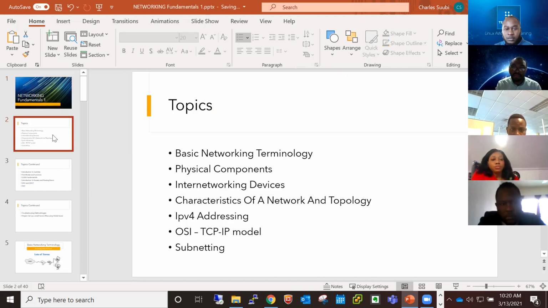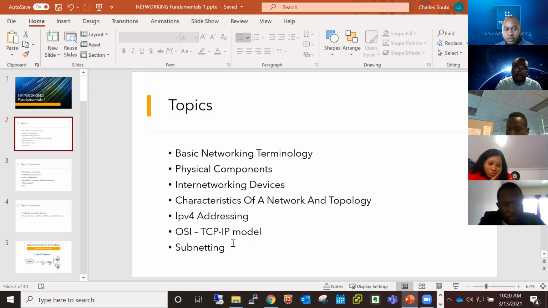So some of the basic terminology that we're going to be talking about are computer physical components, the devices, internetworking devices, the network devices. We're going to be talking about characteristics of a network and things like topology. We're going to be talking about things like IPv4 addressing. We're going to talk about the OSI model and the TCP/IP models.